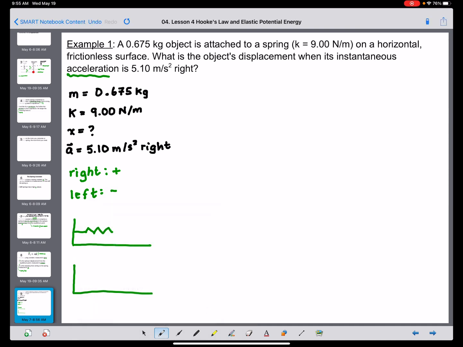So remember I had said earlier on in the lesson that the restoring force will always try to bring the system back to equilibrium. So if the acceleration is to the right, that means Fs is to the right as well.